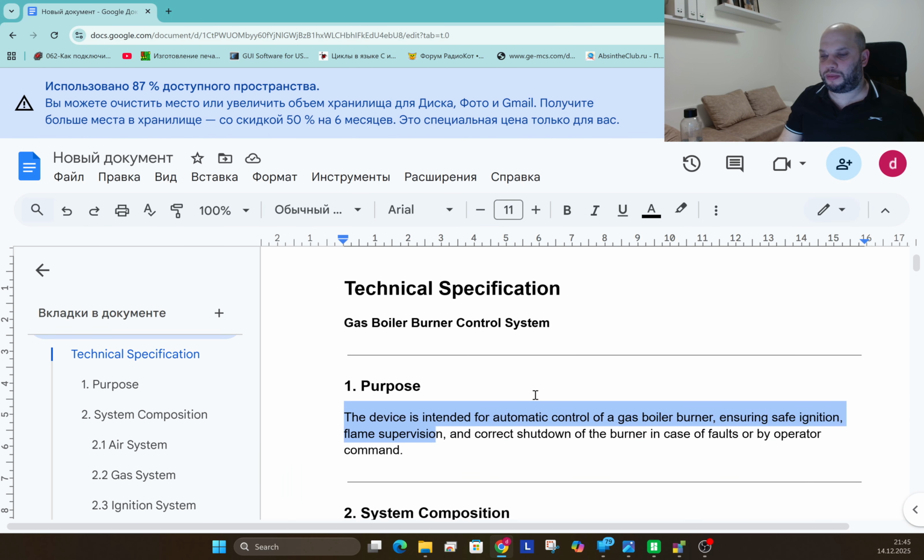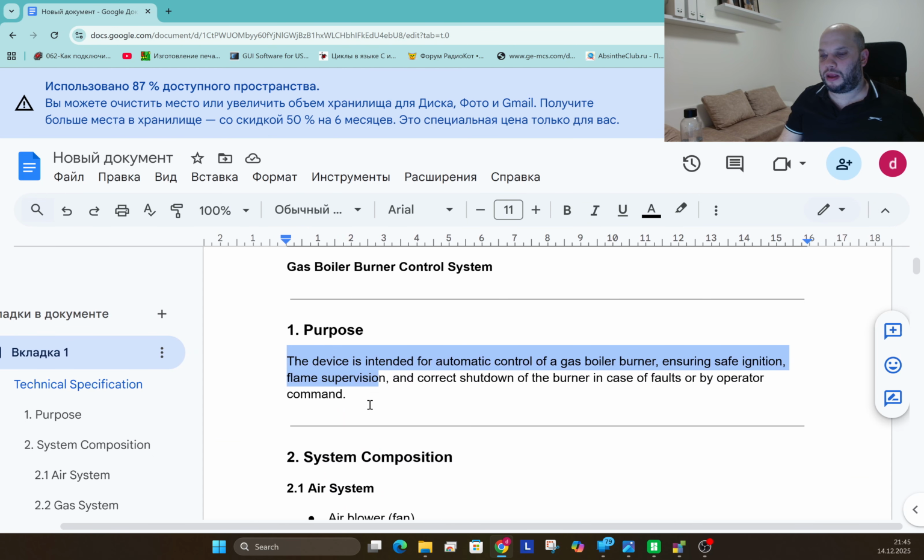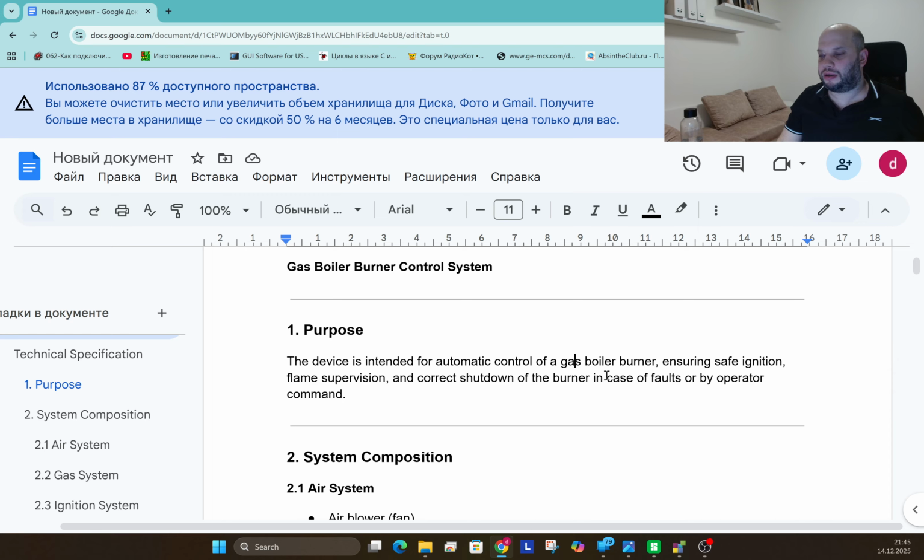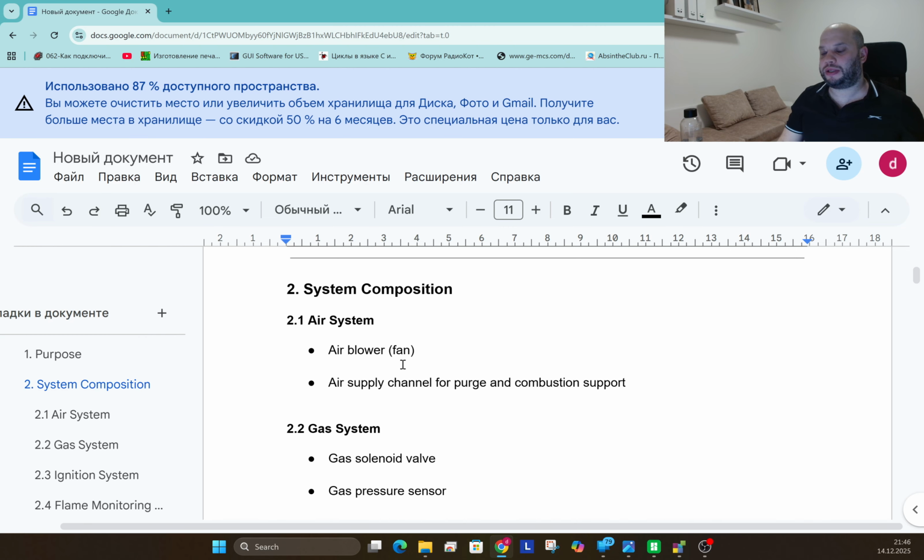I will make it bigger. The device is intended for automatic control of the gas boiler burner, ensuring safe ignition, flame supervision, and correct shutdown of the burner in case of faults or by the operator commands.